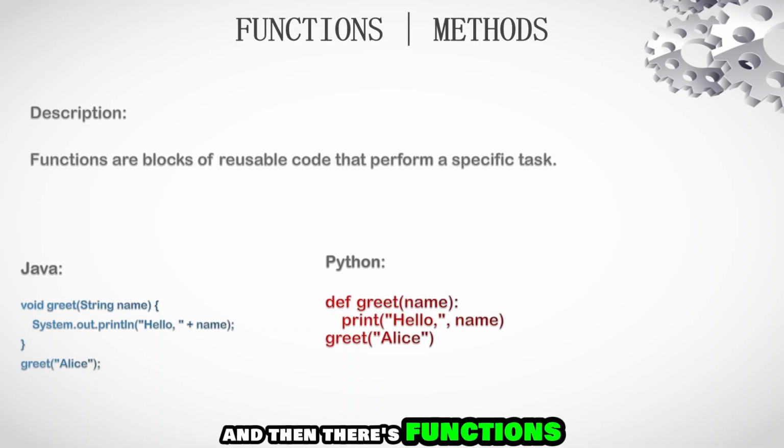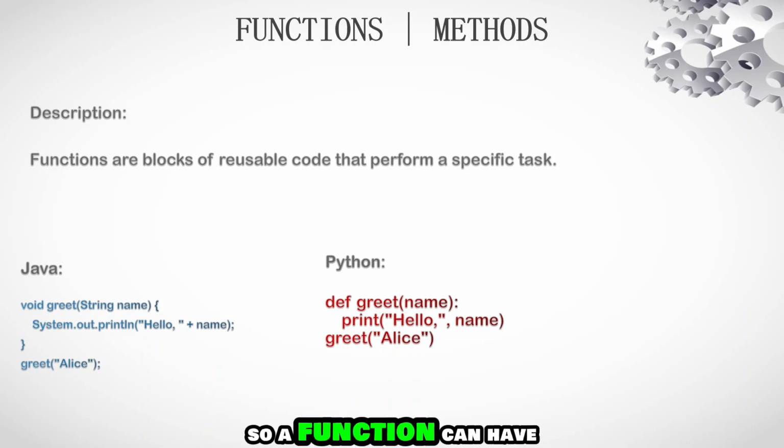And then there are functions. A function is again a reusable block of code. So a function can have a set of things that you learned above and use them in one simple place. Let's say you have a function called greet. It could be saying hi and then shaking hands.